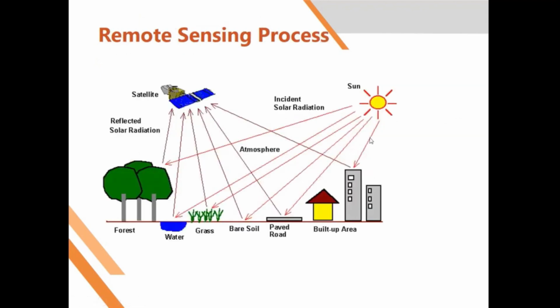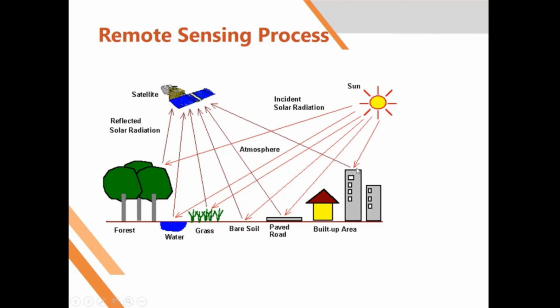So the remote sensing process, this is what happens. We have a satellite, we have the Earth's surface, we have the sun, and then we have objects on the Earth. So this is actually passive remote sensing. When the sun is shining, it will send electromagnetic radiation to the Earth's surface. This radiation will hit the Earth's surface, and then it will move towards the satellite, which will record this radiation.